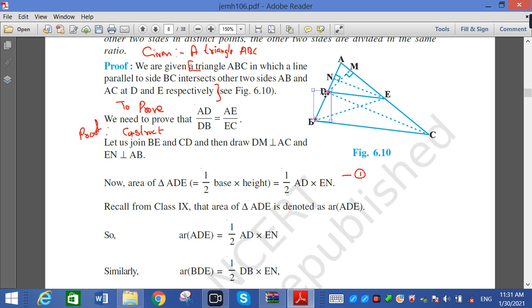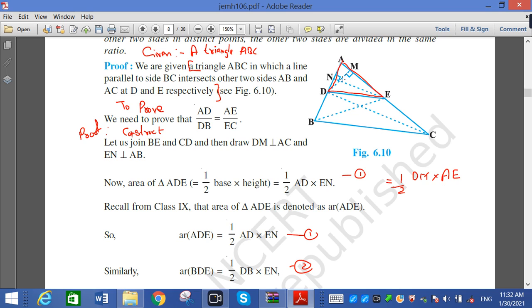Again the base is BD and the altitude is EN. So that is 1, that is 2. Same thing, if I want to find the area of triangle ADE again, we have to write half into AE into DM.